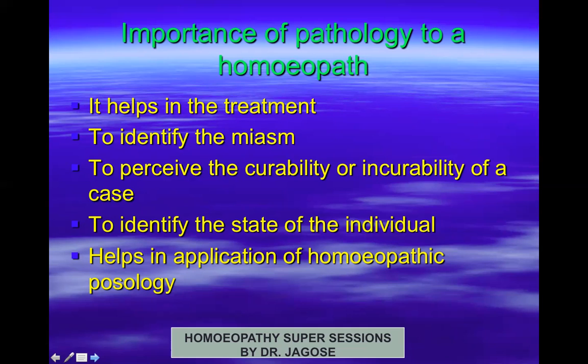Once you identify the miasms, the symptoms of the miasms and the pathology, you'll be able to come to a conclusion whether the disease is in a stage of curability or a stage of incurability. Those diseases which are curable can be cured with homeopathy, and those diseases which are incurable, at the most you can give palliation to them.